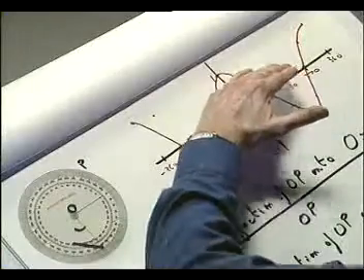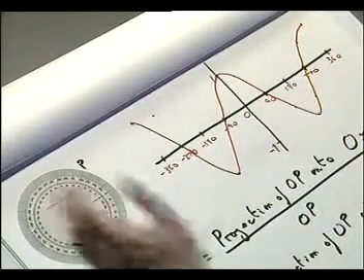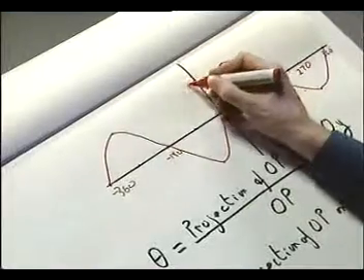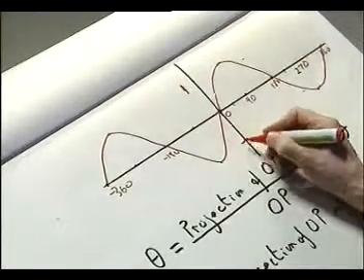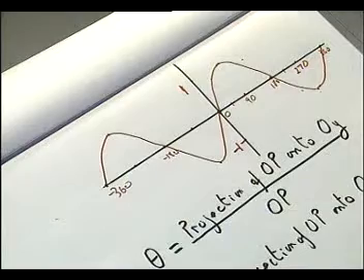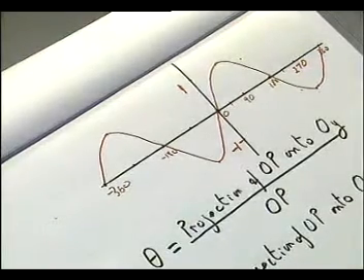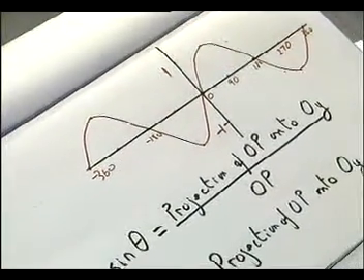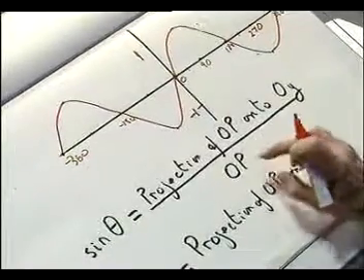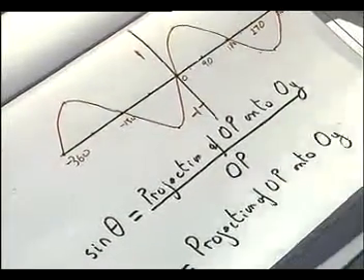So that's our definition for cosine. Notice it's contained between +1 and -1. That was something that we didn't observe with sine, but that is also the case, that it is contained between +1 and -1, because this projection of OP onto OY can never be longer than OP itself, which is just 1.